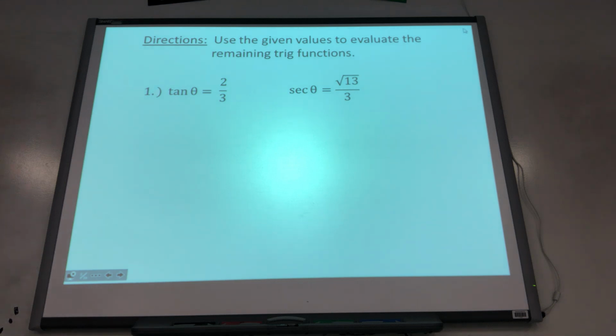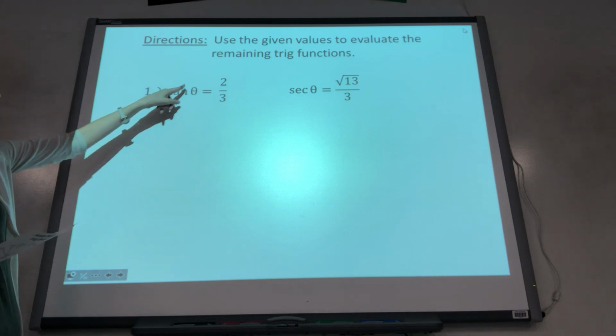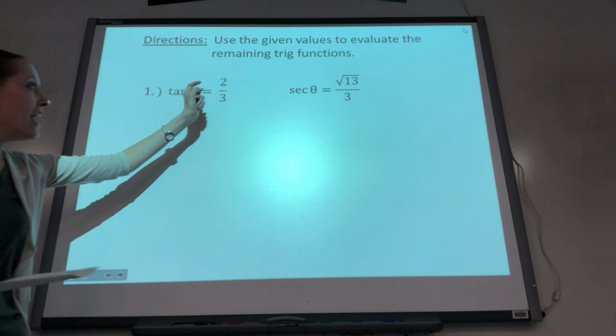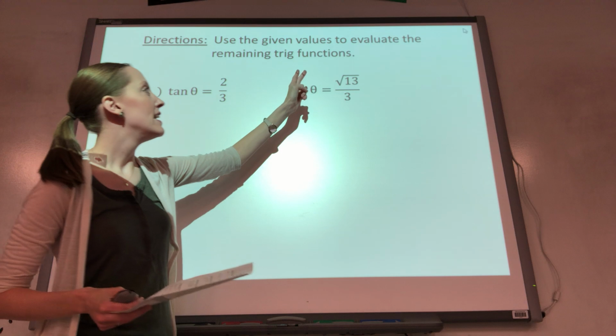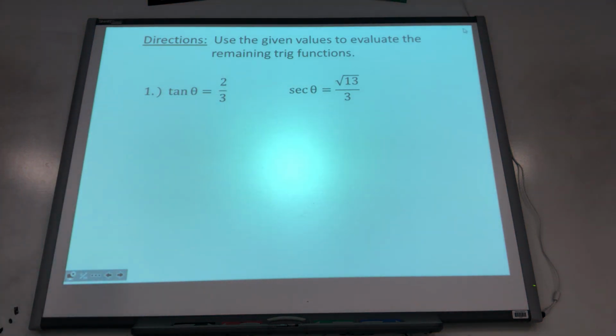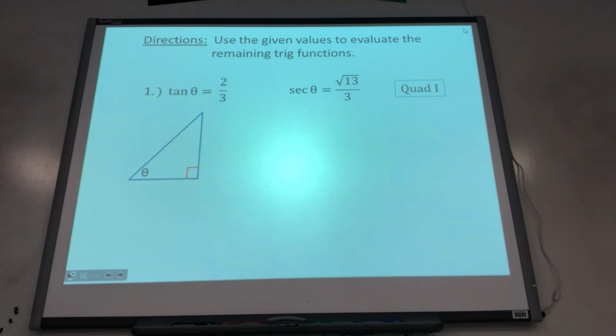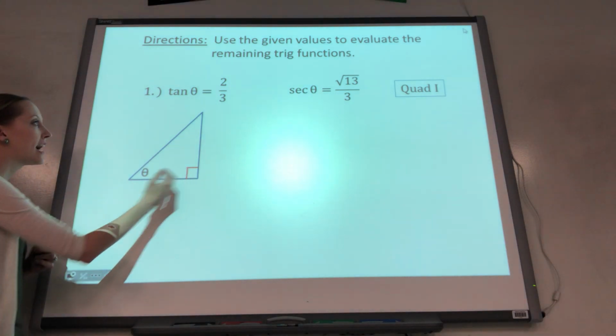So I'm looking for the quadrant where tangent is positive and secant is positive. Which quadrant has both of those being positive? Yeah, quadrant 1. And so then I can look at the top of handy dandy, and that is how I should make my right triangle. Got theta in the bottom left and then the right angle down here.